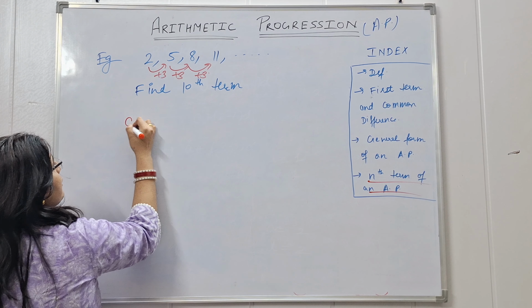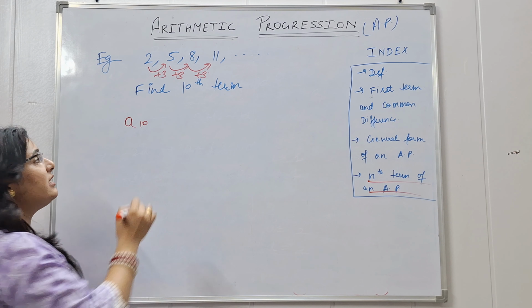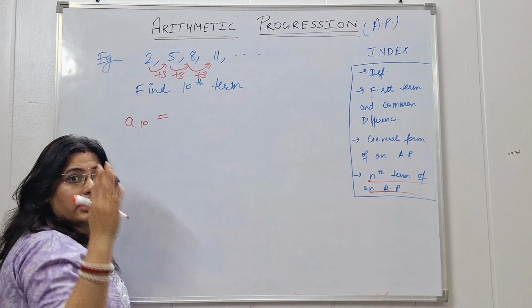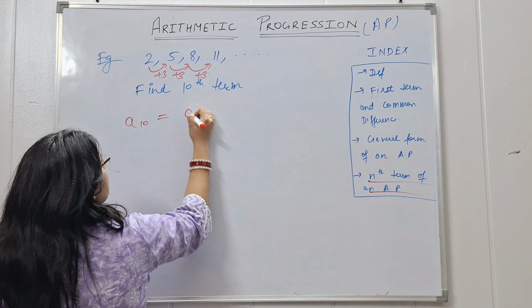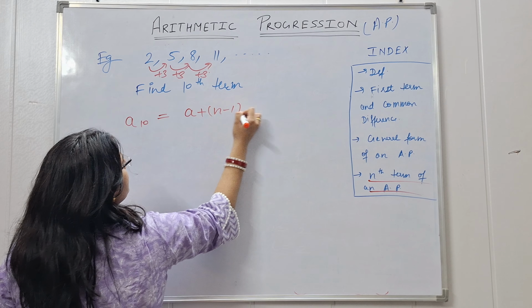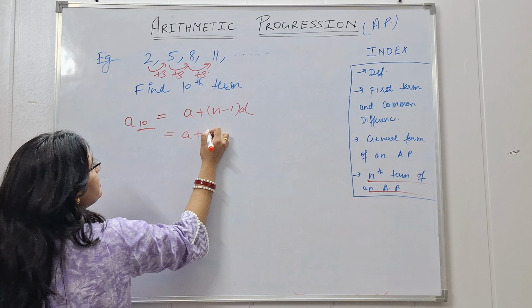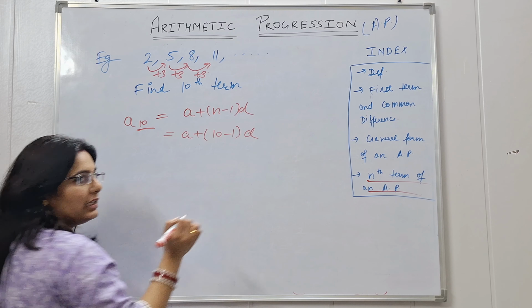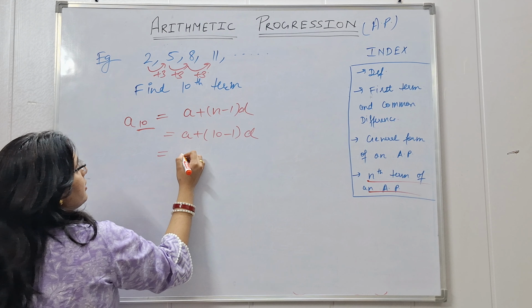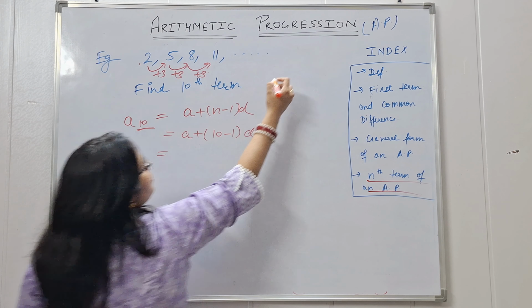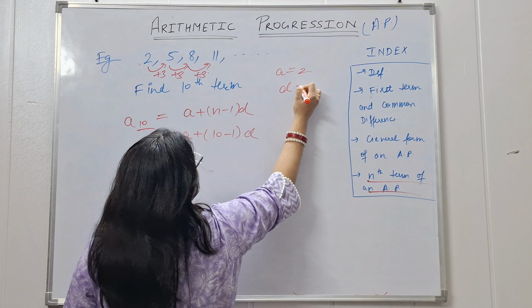How? We have to find a10. What is a10? a plus (n minus 1) into d. Here n is 10, so it will be a plus (10 minus 1) into d. a is 2, and d is 3.